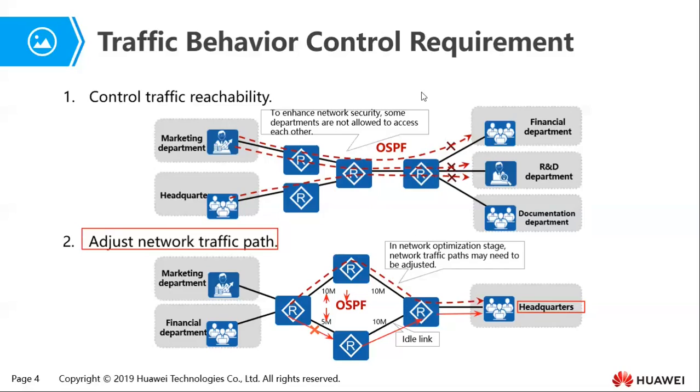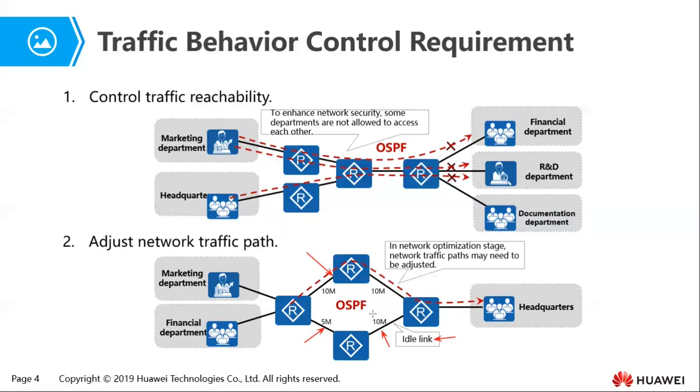Now, when that happens, 2 problems might occur. The first problem is that this link might be overwhelmed, and therefore congestion might occur, which might cause packet loss. That's problem number 1. Problem number 2 is that this link will remain idle.